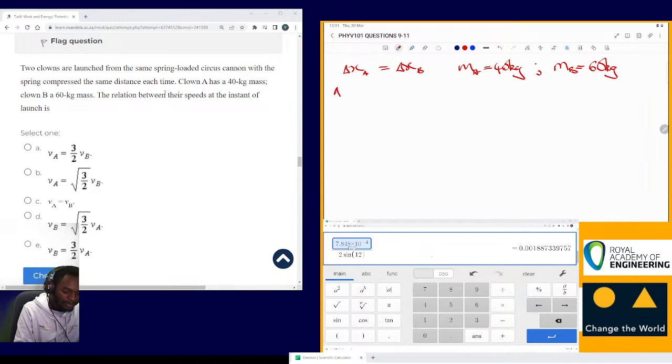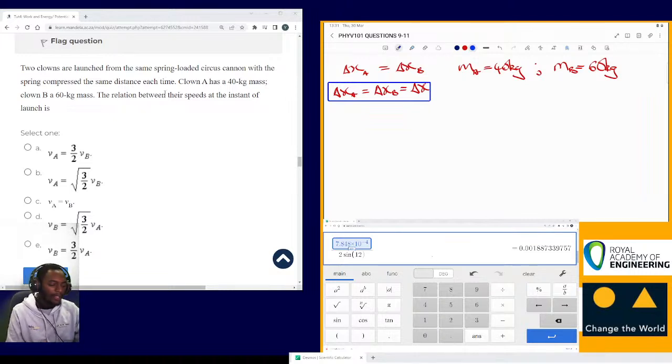So which means that our delta xA is equal to delta xB, which is equal to our delta x anyway, because we're told that these two are the same. Also I'm asked to find their speeds, right? The relation between their speeds. So what do we do?